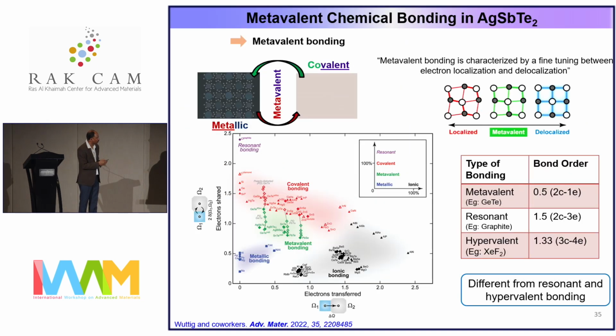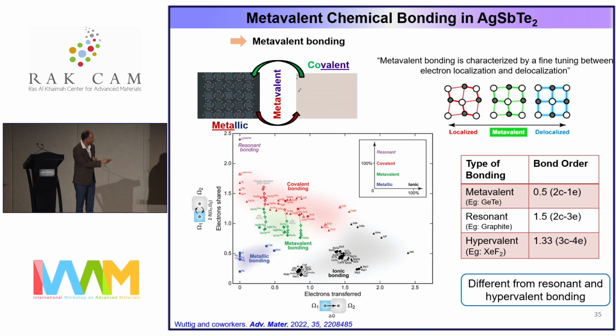Then we went ahead and tried to understand more about the chemical bonding of this compound. That was one kind of bonding, metavalent bonding, proposed by Matthias Wuttig in around 2019. I'm citing his later paper, where the chemical bonding is different from covalent and metallic bonding. This has been shown by an electrons shared versus electrons transferred map.